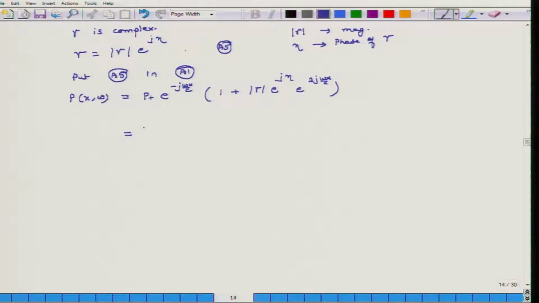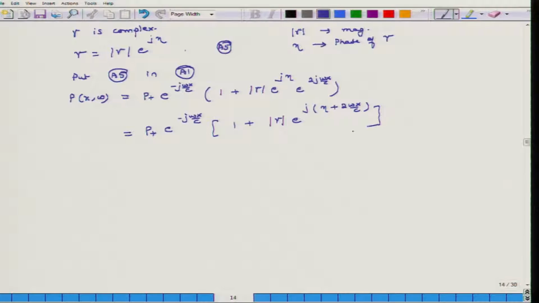So, this can be expressed as P plus e to the power of minus j omega x over c times 1 plus magnitude of gamma, exponent j (eta plus 2 omega x over c).